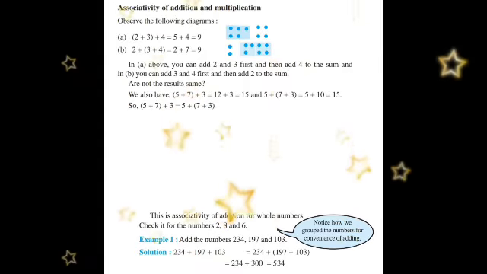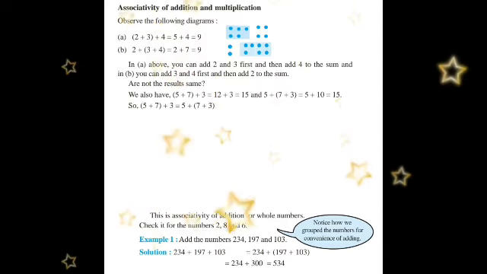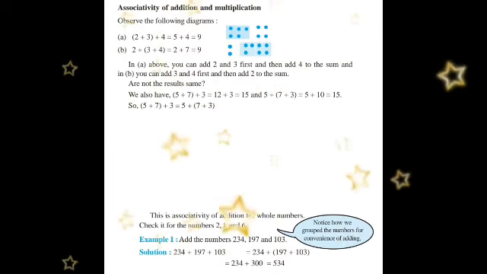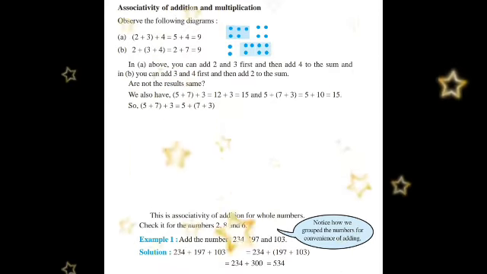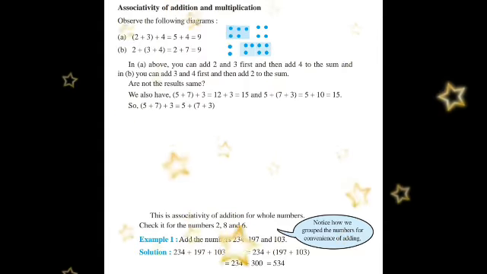Here 2 and 3 are grouped using a small bracket. Like that, one more example, 2 plus (3 plus 4) is equal to 2 plus 7 is equal to 9. Here 2 is separate and 3 plus 4 is grouped.